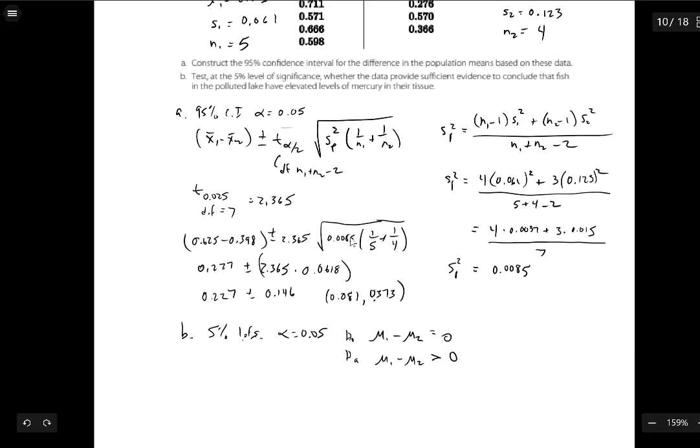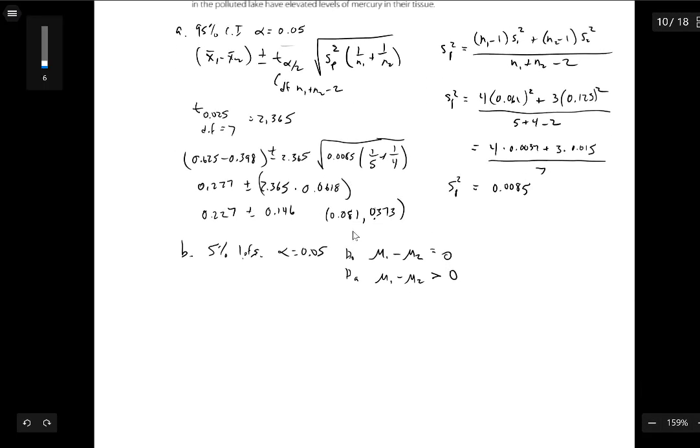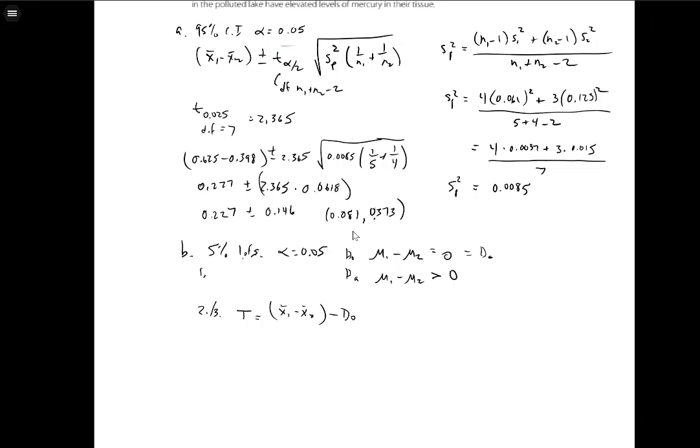Step 2, which I always add to step 3, is identify the test statistic and then actually calculate it out. So our test statistic, if we go back to the section of the book here, is going to be t, which is looking at the difference in the means of our samples, minus D naught, the difference that we're looking at, which is going to be 0, divided by the square root of SP squared times 1 over n1 plus 1 over n2.